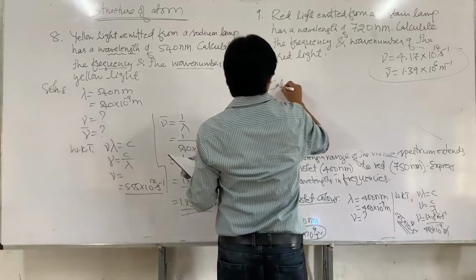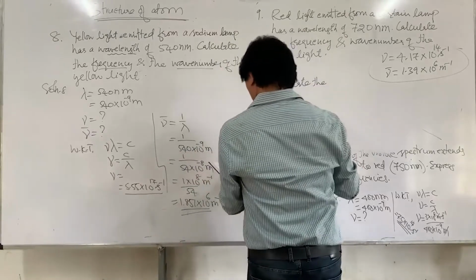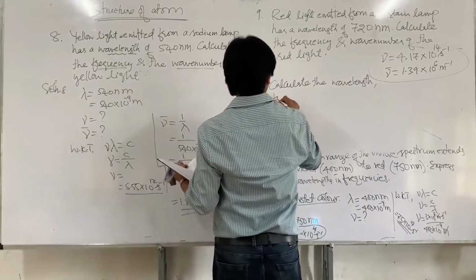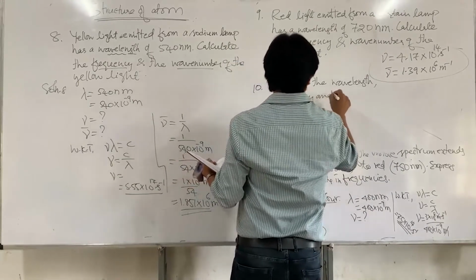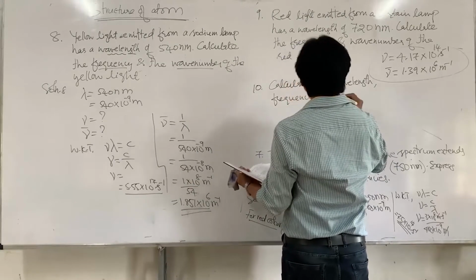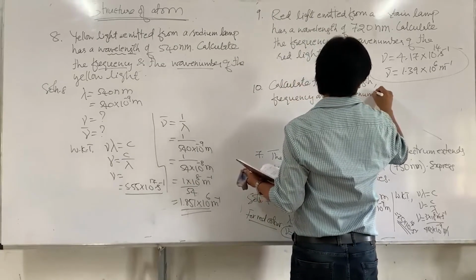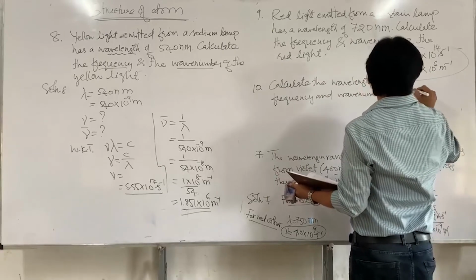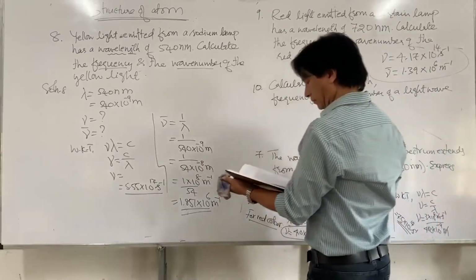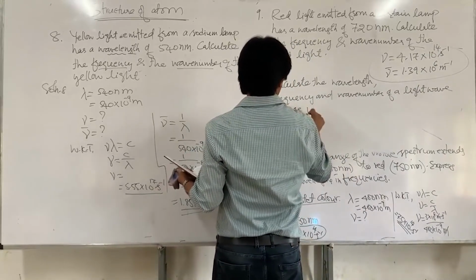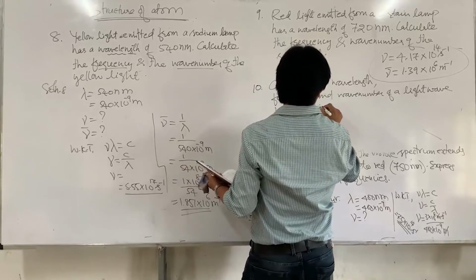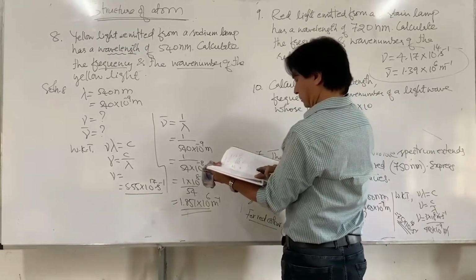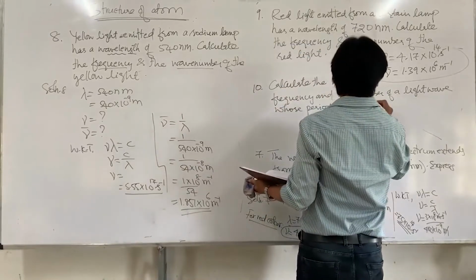Calculate the wavelength, frequency, and wave number of a light wave whose period is 2 into 10 raised to the power minus 10 seconds.